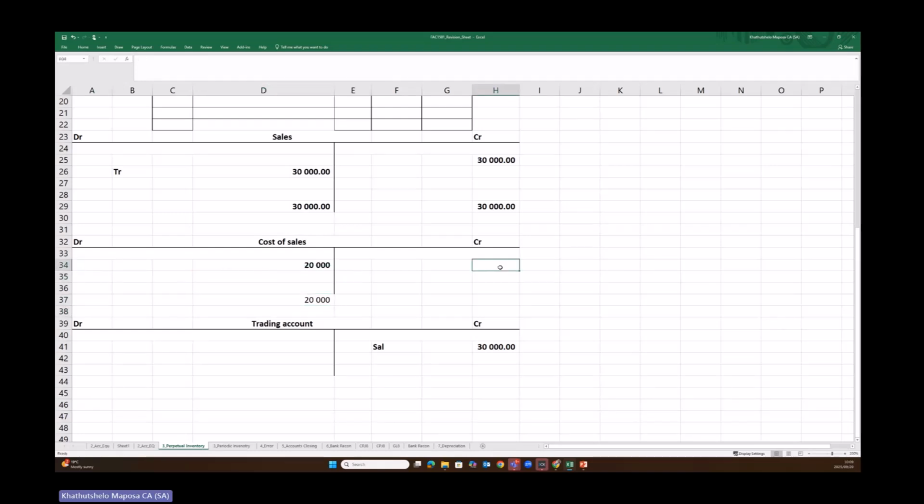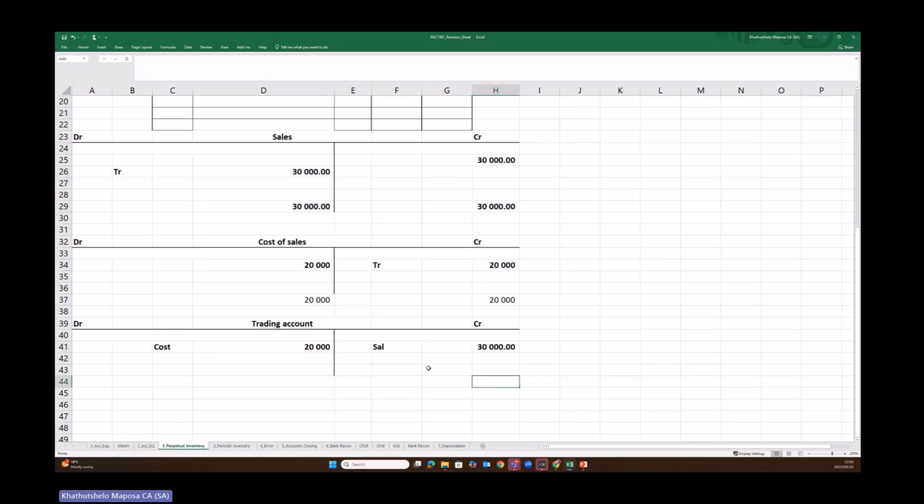Credit side is having 0. 20,000 minus 0 is 20,000, meaning you will have 20,000 here on the credit side, and you will call it trading account. Then a debit to an account is a credit to another account, a credit to an account is a debit to another account. On the trading account, it means you're going to have 20,000, which is called cost of sales. And then you close off the trading account with the gross profit.